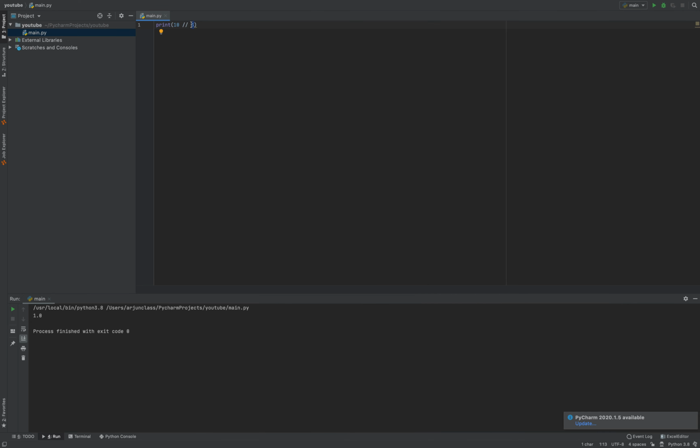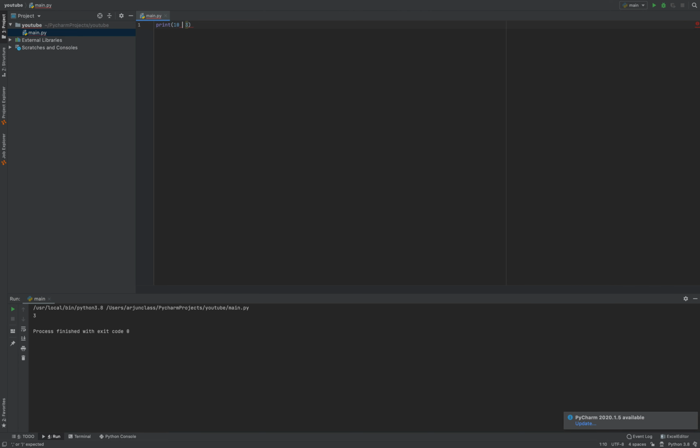And so if we did regular dividing, this would be 3.33, but when we print it out, we get 3.